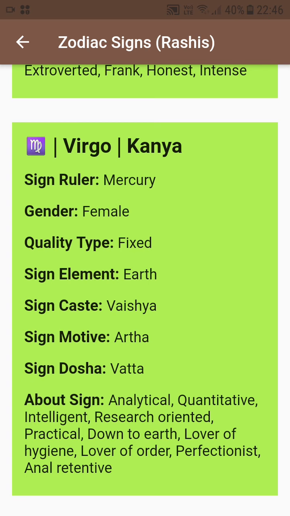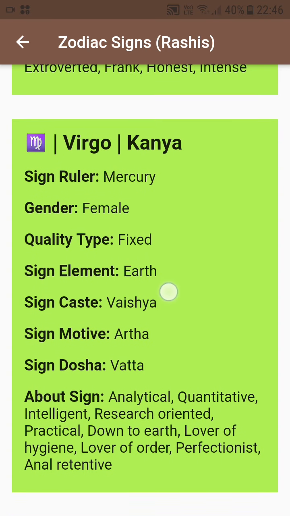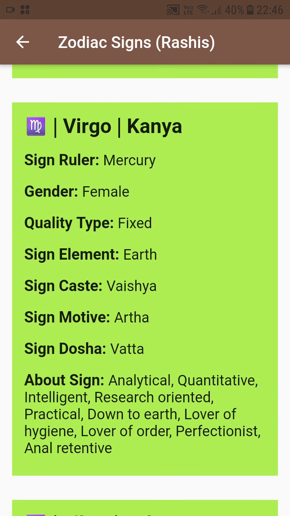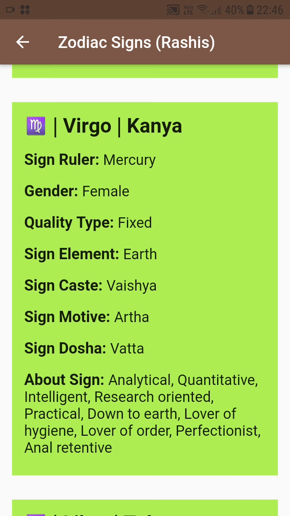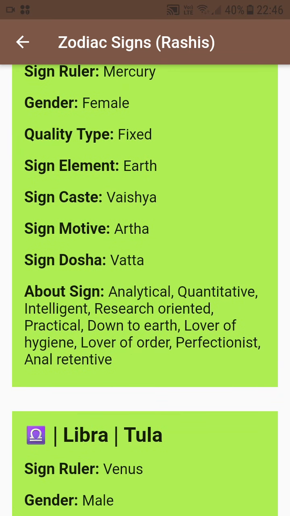It's a female sign, and again fixed quality, element is earth, Vaishya by caste, motive is going to be earth. Okay, so earth is related to artha, and then vata. So that's the dosha, vata dosha.